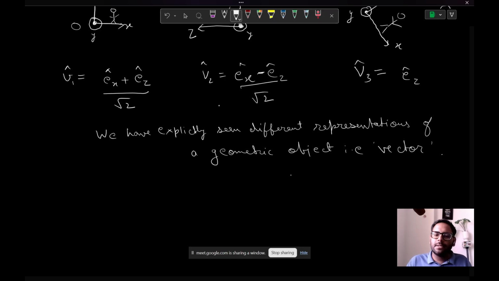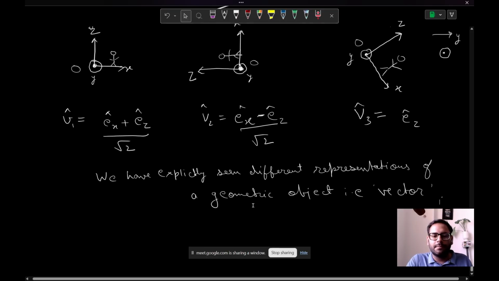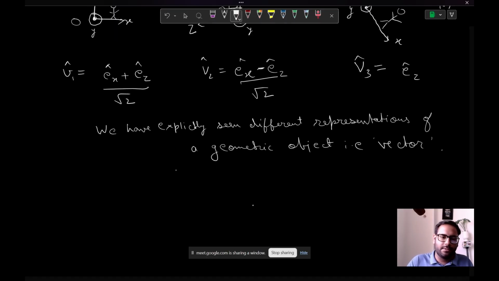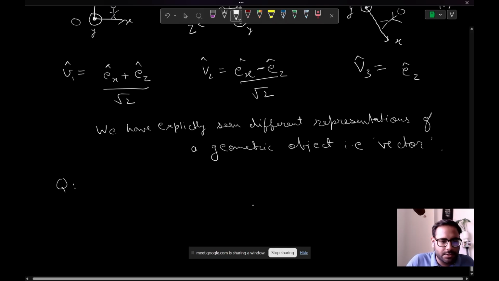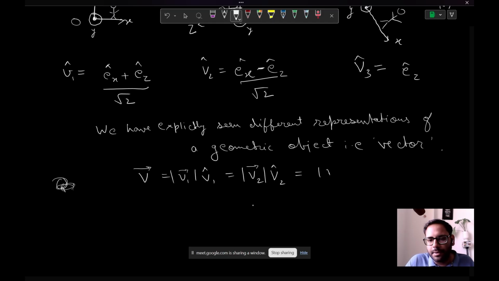It can be a tensor, it can be a scalar, it can be something that has different representations. Now I have just a question for you. Before the question, I should write that this vector is equal to the magnitude of v, that is the magnitude of this vector, times its direction.